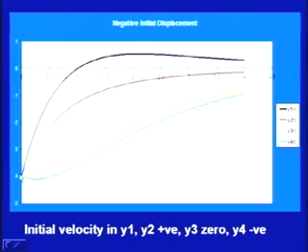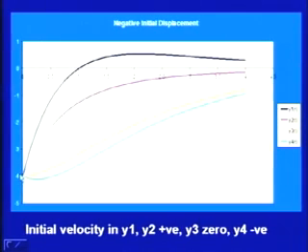If the displacement is negative and my velocity is also negative, that is the last case, you see it first goes down a little bit and then comes up, and it will ultimately reach 0 displacement. If the initial velocity is 0, it starts with the negative displacement, the displacement goes up, reduces, and will certainly reach 0.